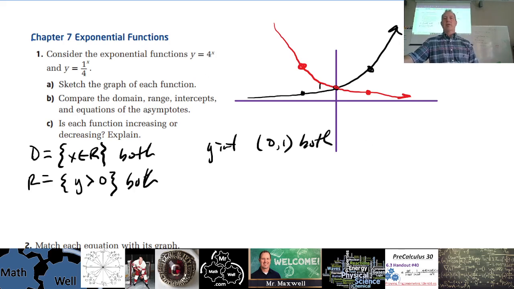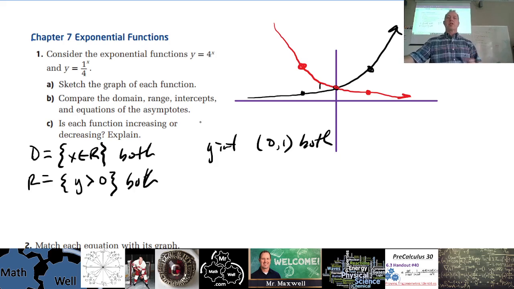Equations of the asymptotes. Okay, do you remember what asymptotes are? They're kind of imaginary lines, either vertical and/or horizontal, that the graph does not cross or touch as x gets extremely large in the positive or negative direction.